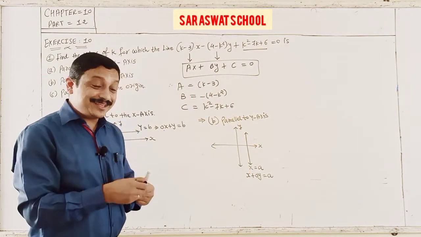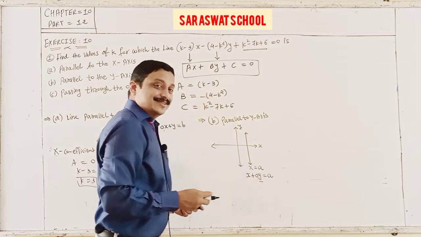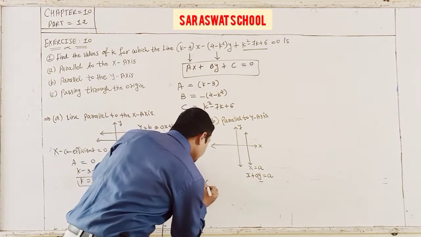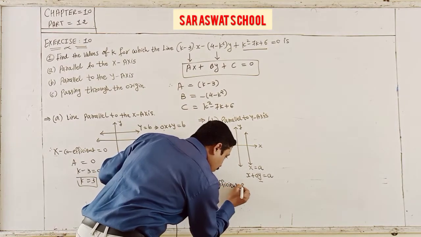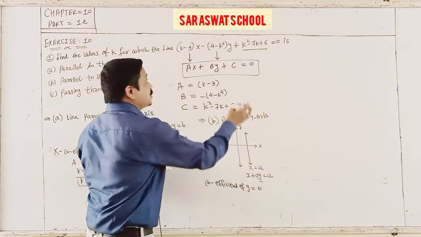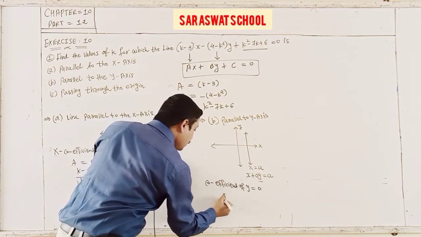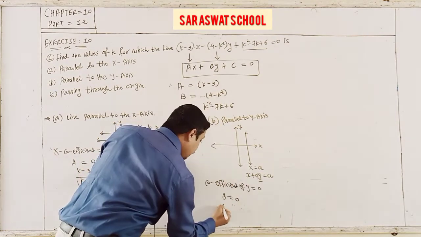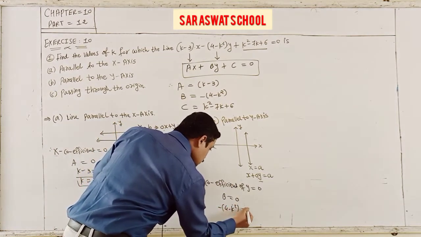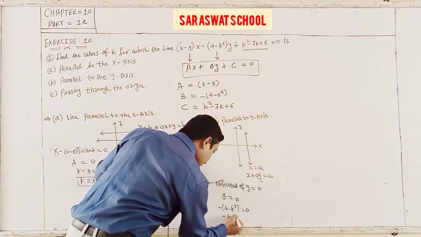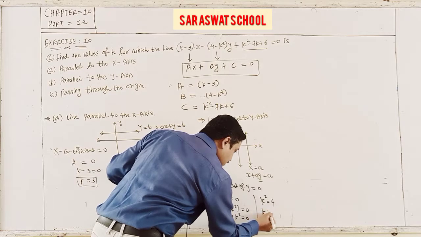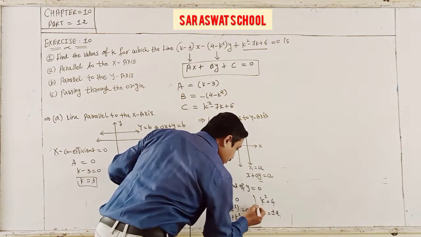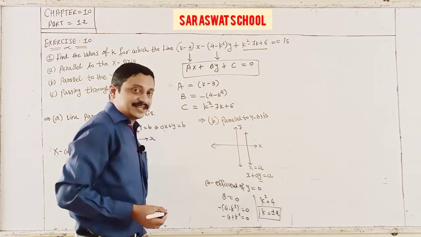The coefficient of y is 0 here. Students check: the coefficient of y becomes 0. But what is the actual coefficient of y? It is b, and b is minus 4 minus k square. It means k square is equal to 4, k is equal to plus minus 2. That is the first and second one.